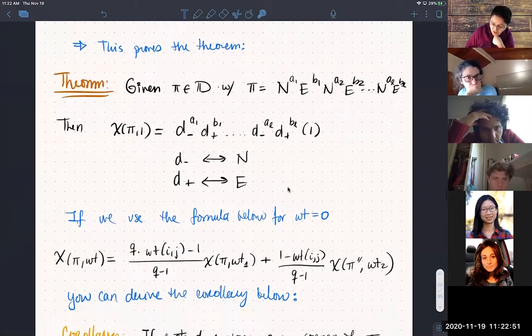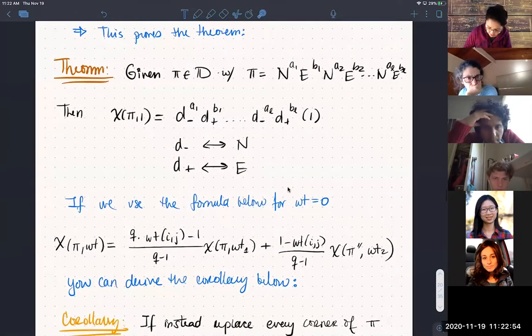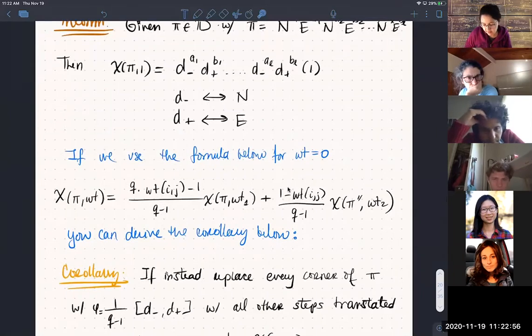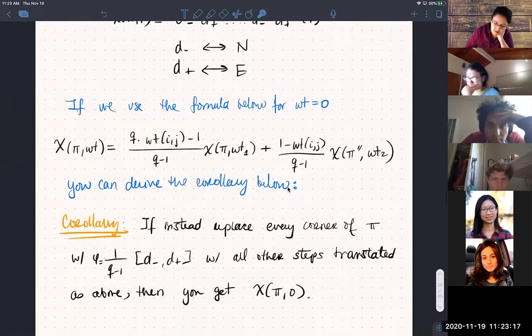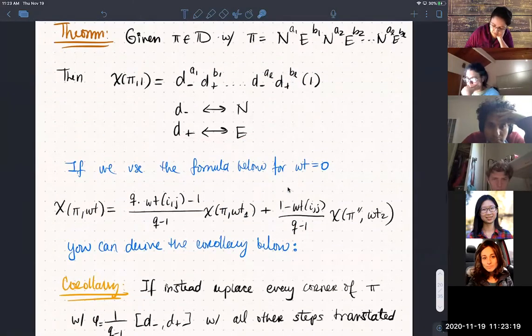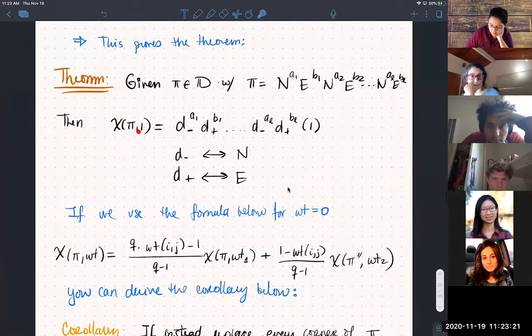So now, how do you prove the corollary? The corollary, if you remember, we had this formula that allowed us to decompose any given weight into a sum of two other pieces, right? And that allowed us to write chi of pi 0 as a sum over chi of pi 1s, right? We did an example for this. And if you just use that exact same procedure, you can derive it from this theorem, because this was with weight 1.